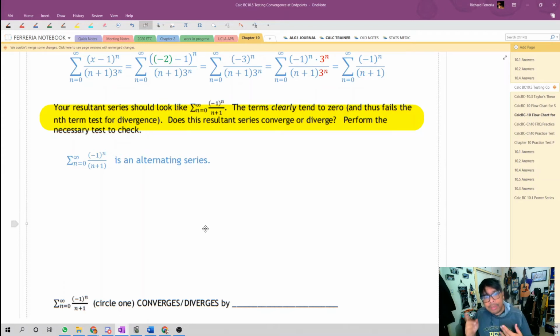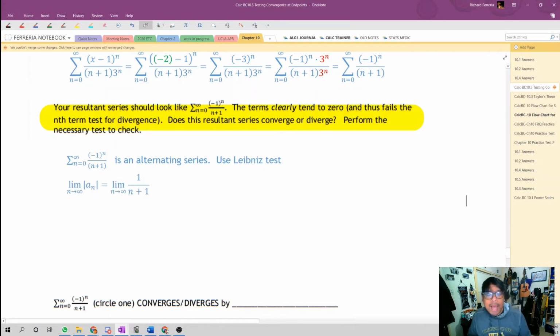The exponent is both positive and negative, depending on the value of n. So the series alternates. And for an alternating series, we use the Leibniz test to show convergence or divergence. Remember, the Leibniz test is conclusive, so it'll show for sure whether or not an alternating series converges or diverges. Don't forget to write the name.